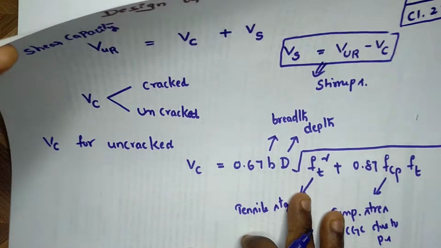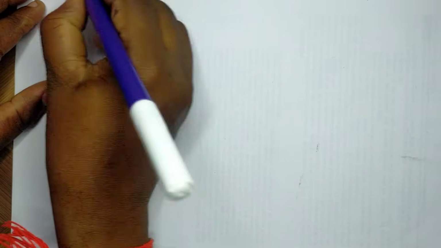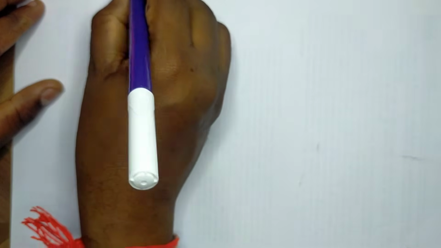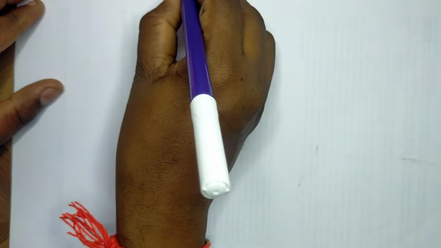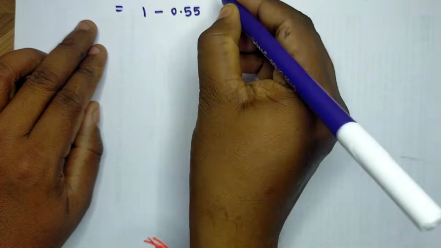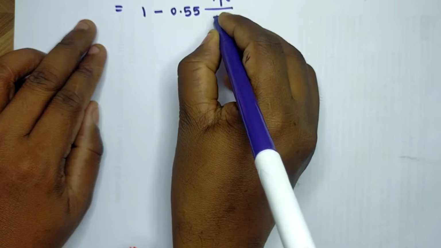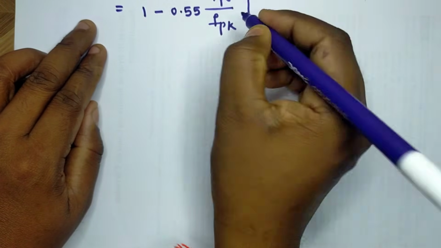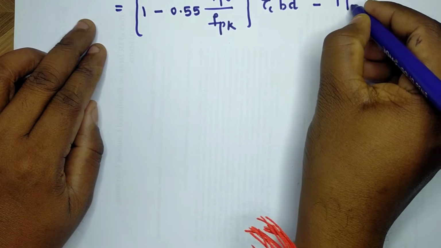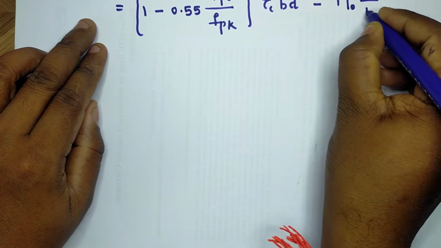Next, if we consider the shear contributed by a cracked section, the formula will be 1 minus 0.55 fpe divided by fpk, multiplied by tau c b D, plus M naught Vu by Mu.